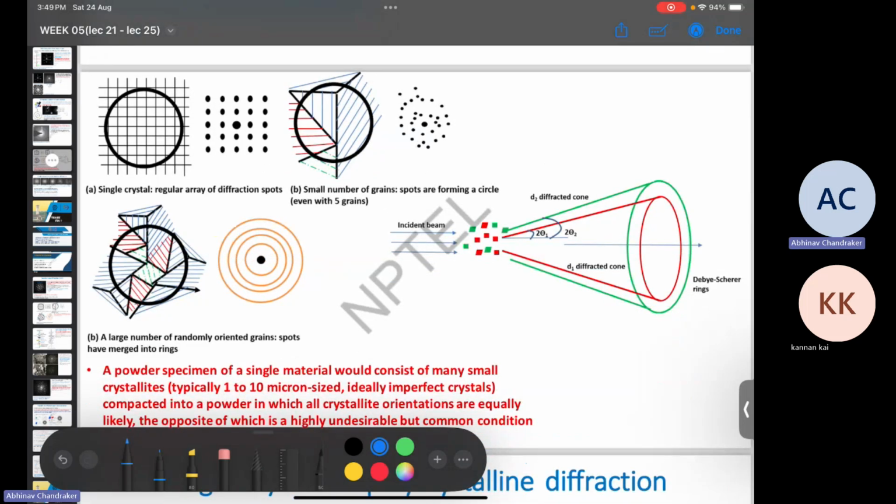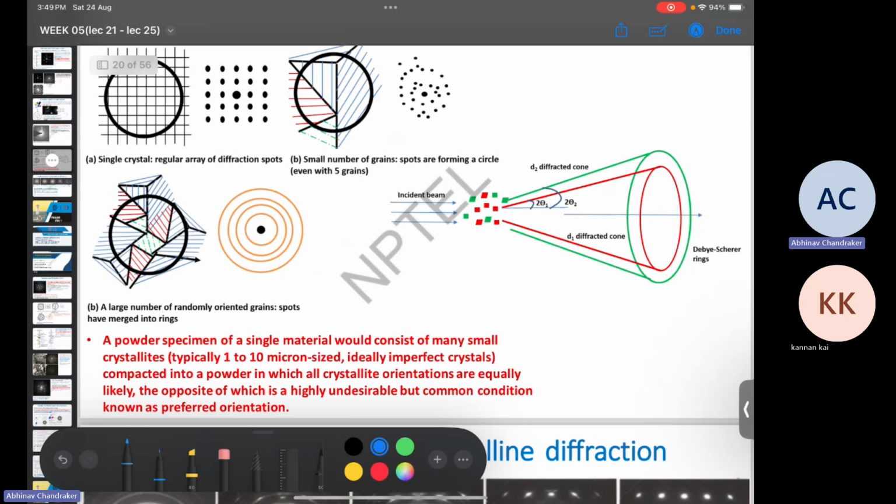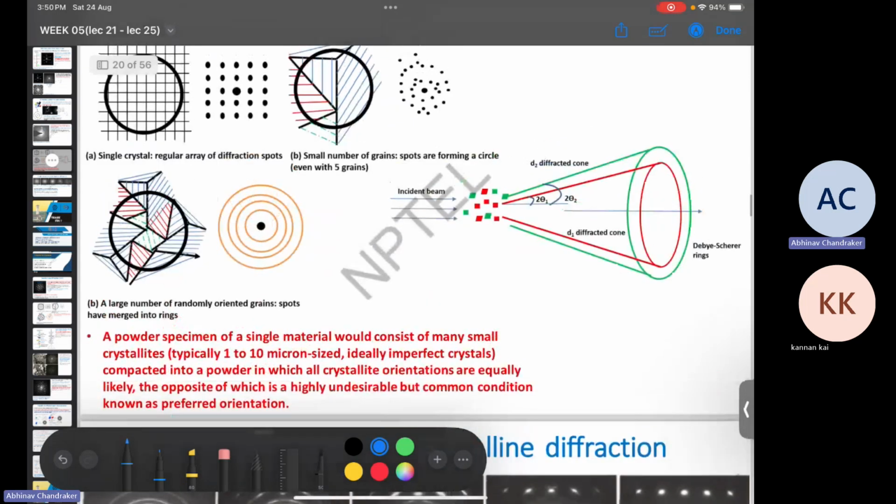And this can also be understood using this schematic. The same plane is oriented differently in each crystal due to the different crystal orientation. But since the plane is the same, that is, the spacing between the planes is also the same, the theta values will not change.